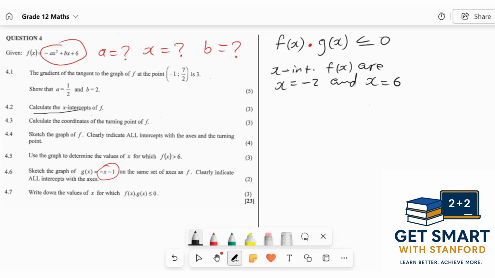So our critical values here are going to be -2, -1, and 6. These are our critical values.